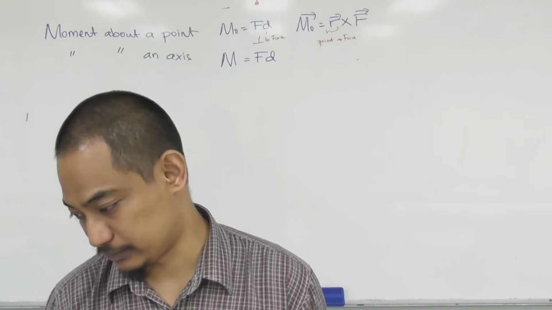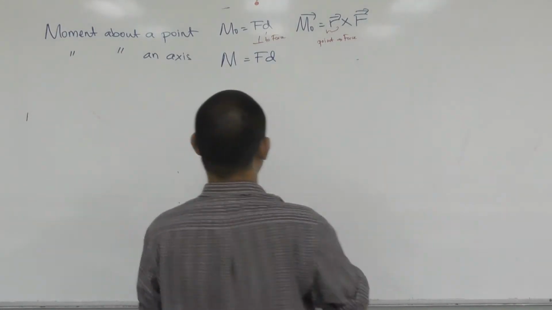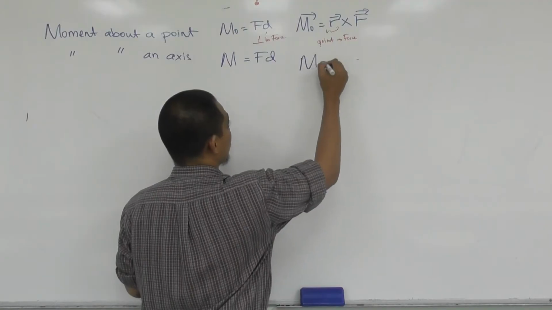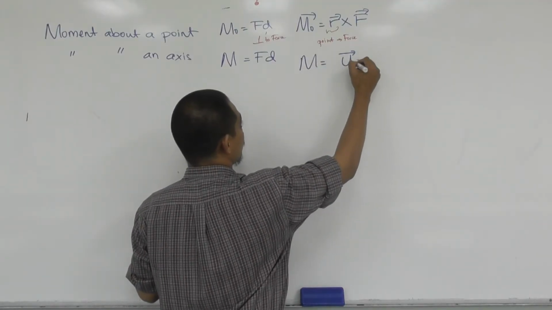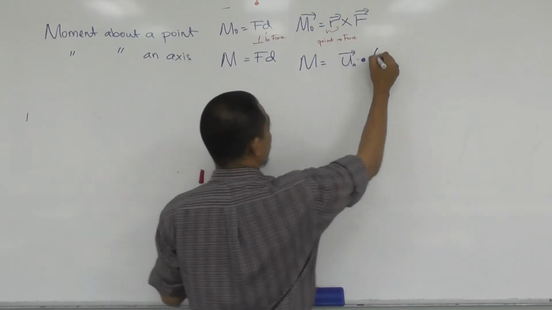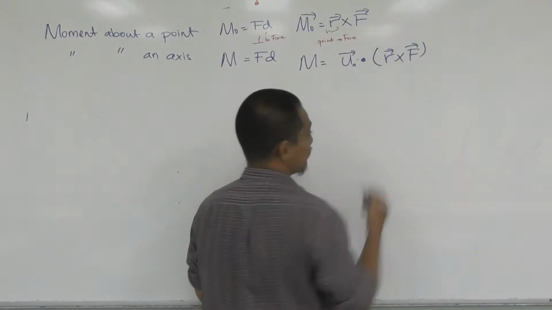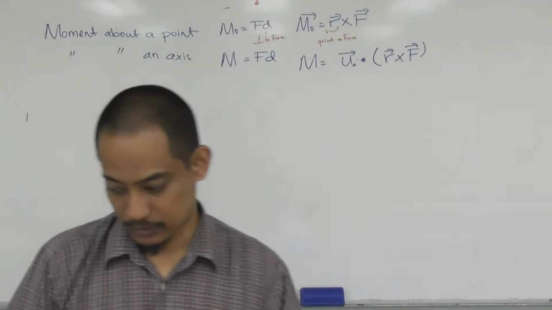Hence, in the end, if you want to make it short, the moment equals u of the axis dot r cross f. That's in terms of the calculation.